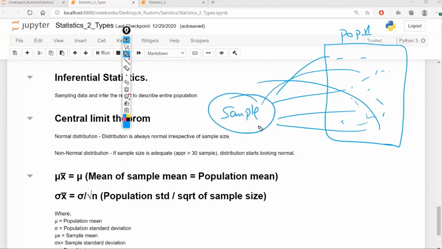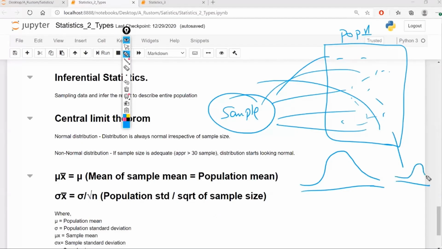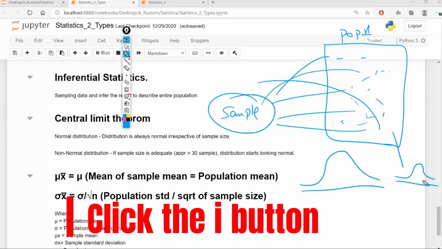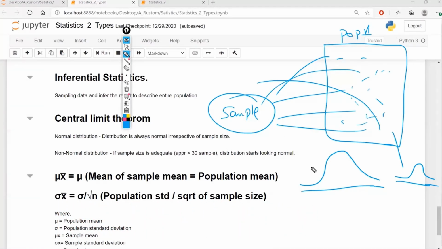You plot this sample data, and it still looks like a normal distribution because my population is also normally distributed. A sample from a normally distributed population still looks normal. So that is what I'm trying to say here: a normal distribution is always normal irrespective of sample size.